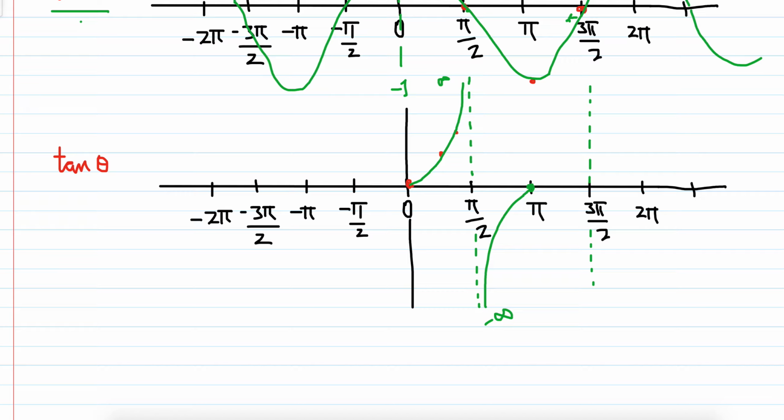Because if we have a point P at an angle theta, and I add one complete revolution to this theta, that is theta plus 2 pi, then we will reach the same point.